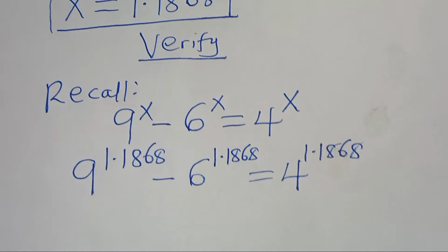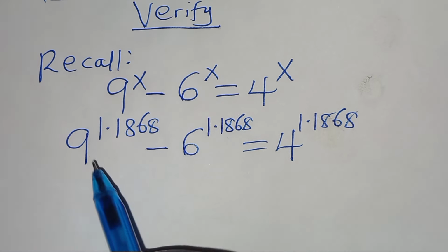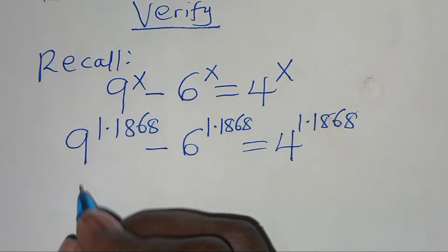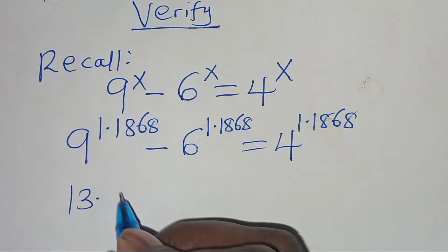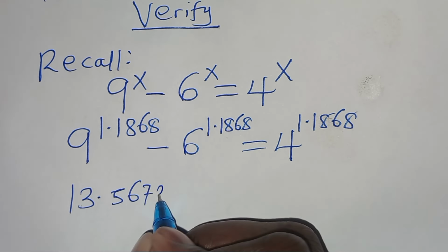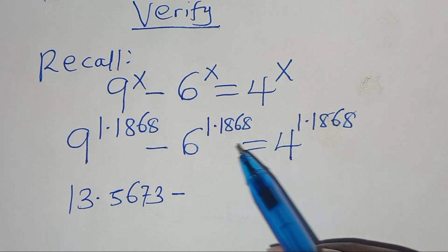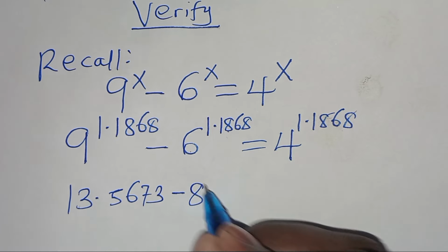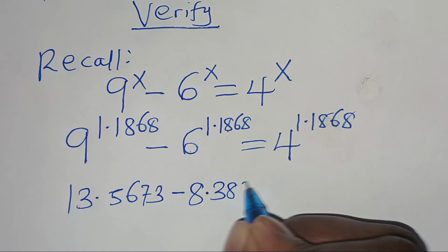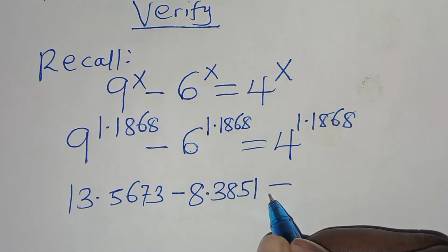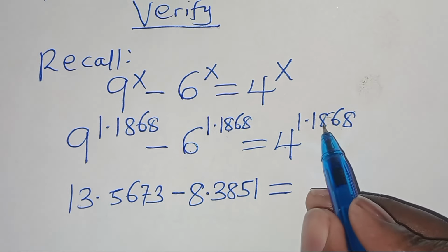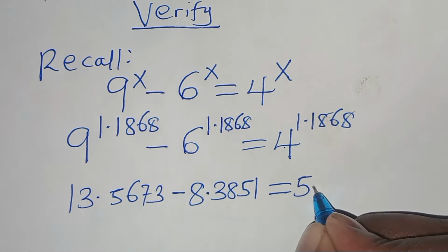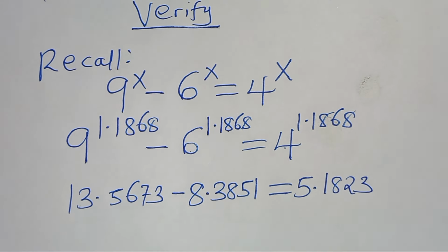So we have that 9 raised to the power 1.1868 is the same thing as 13.5673, subtract 6 raised to the power 1.1868, and this is equal to 8.3851. So this is equal to 4 to the power of 1.1868, and this is actually equal to 5.1823.